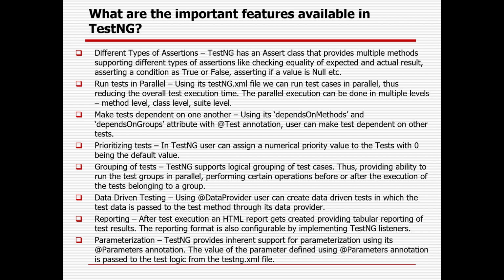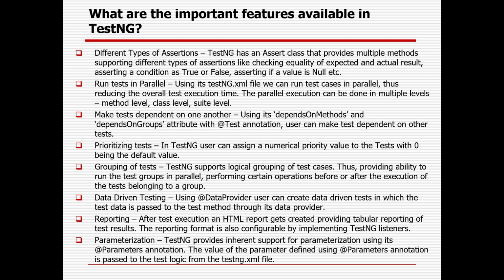Then, prioritizing the tests. What is required? Here we are not using the main method, and we will use n number of test cases in a single class. But your execution will start based on alphabetical order. Suppose you have written a method for login, then product search, then payment, then returning.